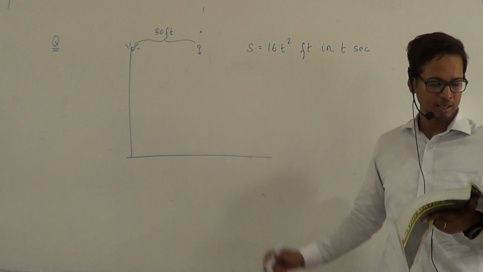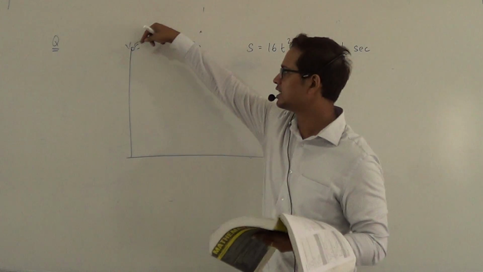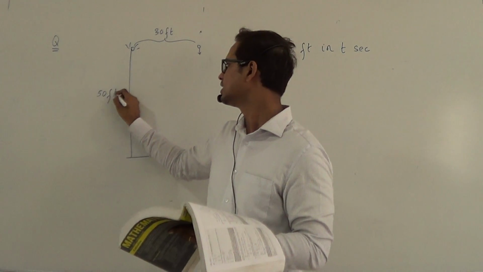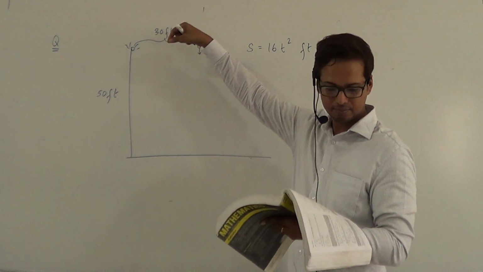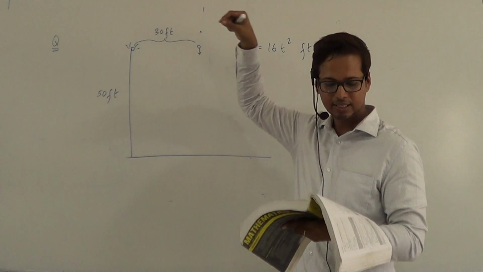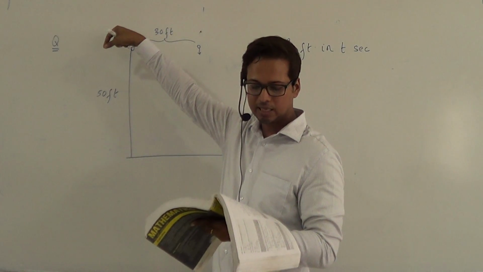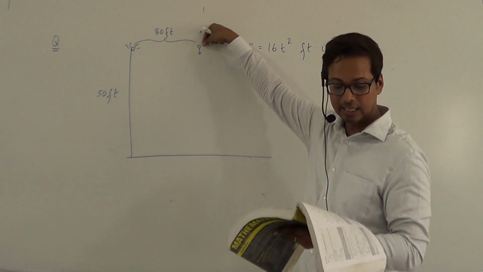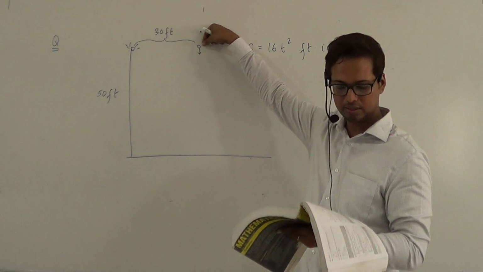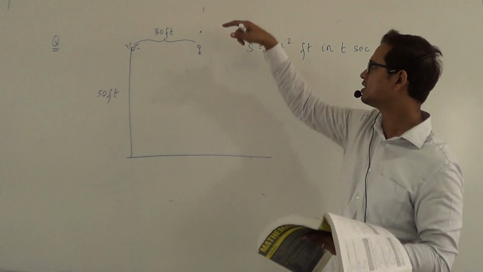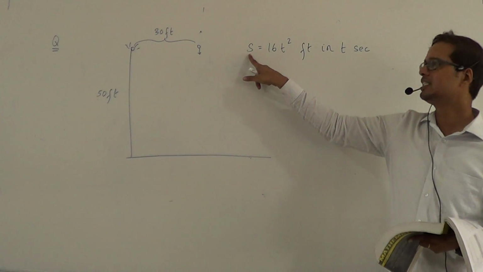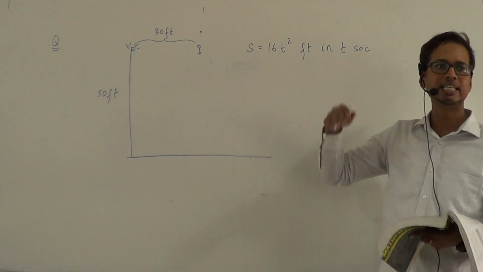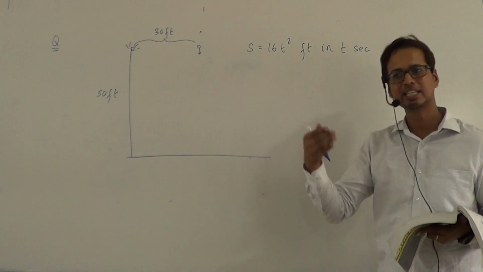Okay. So basically the situation is like this. There is a lamp post 50 feet high. A lamp is 50 feet above the ground. A ball is dropped from the same height, 30 feet away from the light pole. And when it falls, the distance that the ball covers is 16 times t square, where t is the seconds it has fallen down.